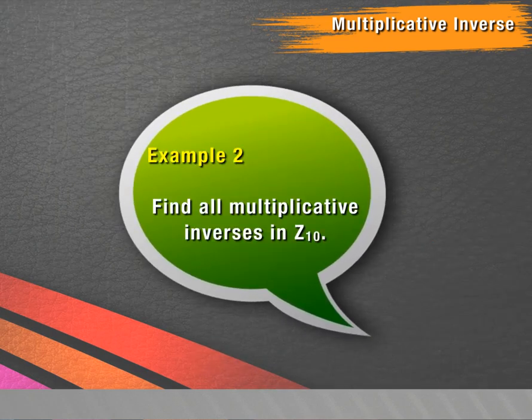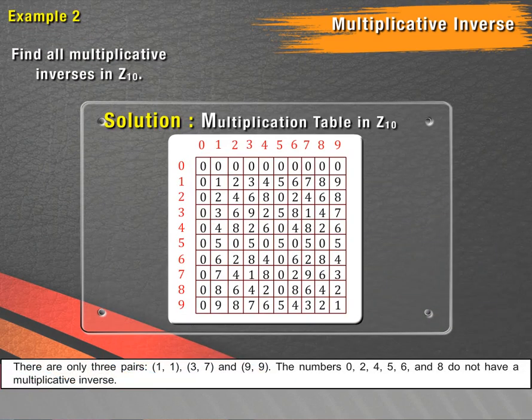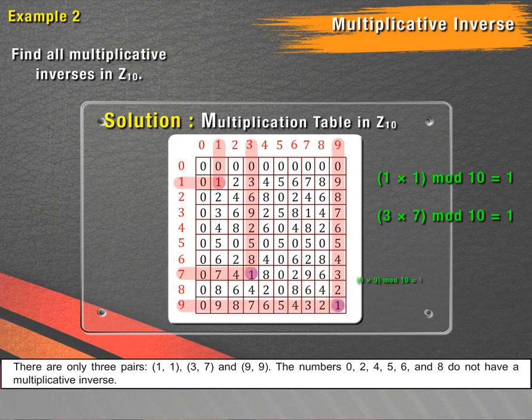Example 2. Find all multiplicative inverses in Z10. Solution. There are only 3 pairs, (1, 1), (3, 7) and (9, 9). The numbers 0, 2, 4, 5, 6 and 8 do not have a multiplicative inverse.